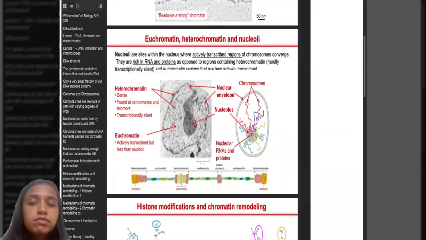It's an active site. However, it is less so than in the nucleoli. Then you have the nuclear envelope, the nucleolus, the nuclear RNAs and proteins, and the chromosomes.